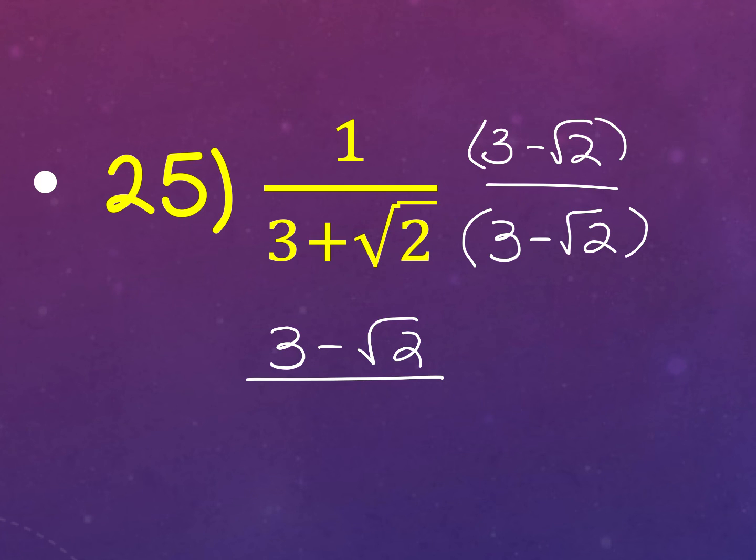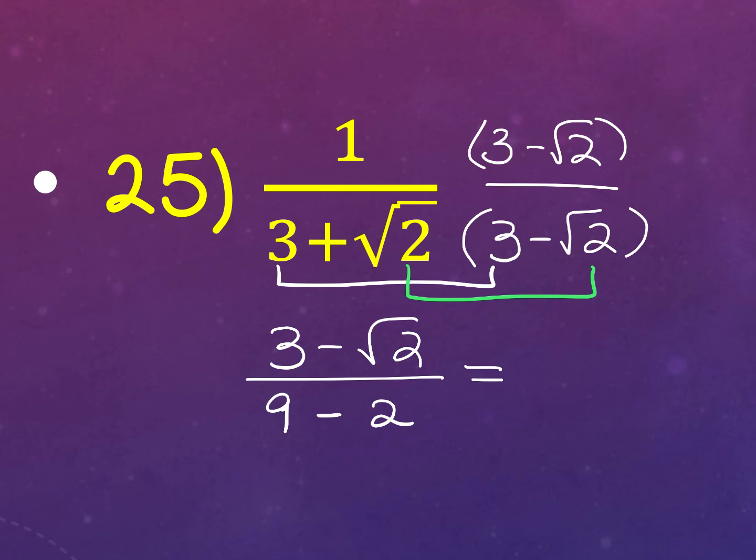Shortcut for the denominator, all you need to do is first and last, because if you do the whole FOIL, outer and inner are going to cancel. So first is 3 times 3, and then last is square root 2 times negative square root 2, which gives me negative 2. I can go ahead and subtract that from the denominator, and I get 7. And I'm done.